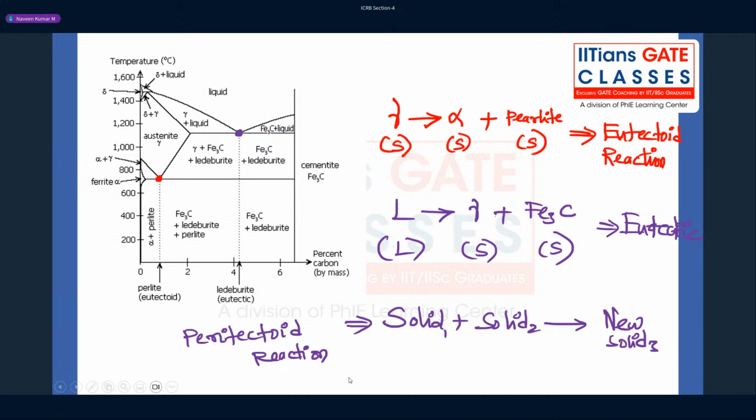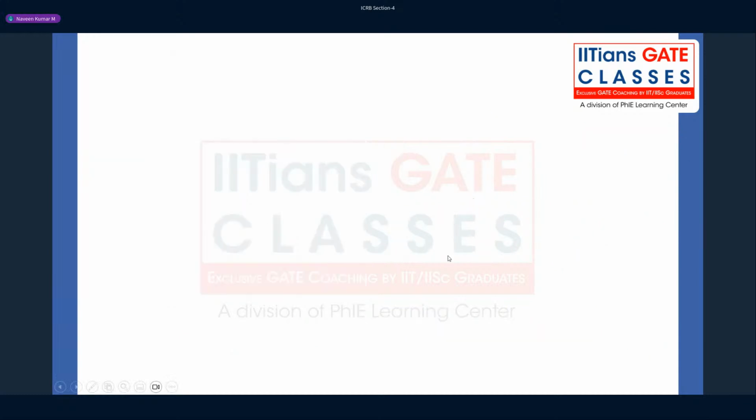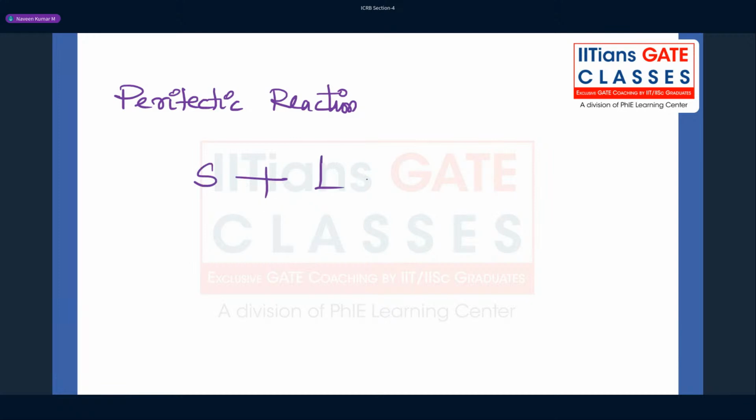And another is the peritectic reaction, that is also important. Peritectic reaction is nothing but solid phase plus liquid phase giving rise to a solid phase.